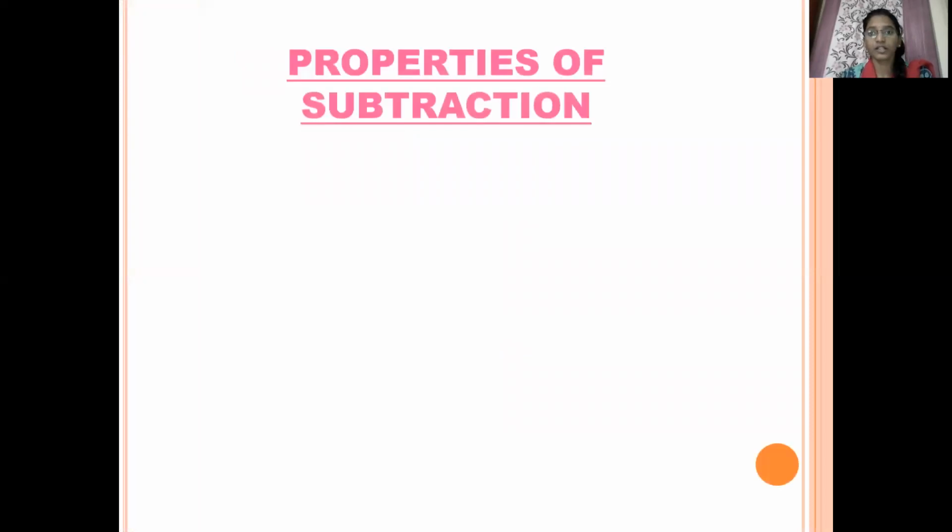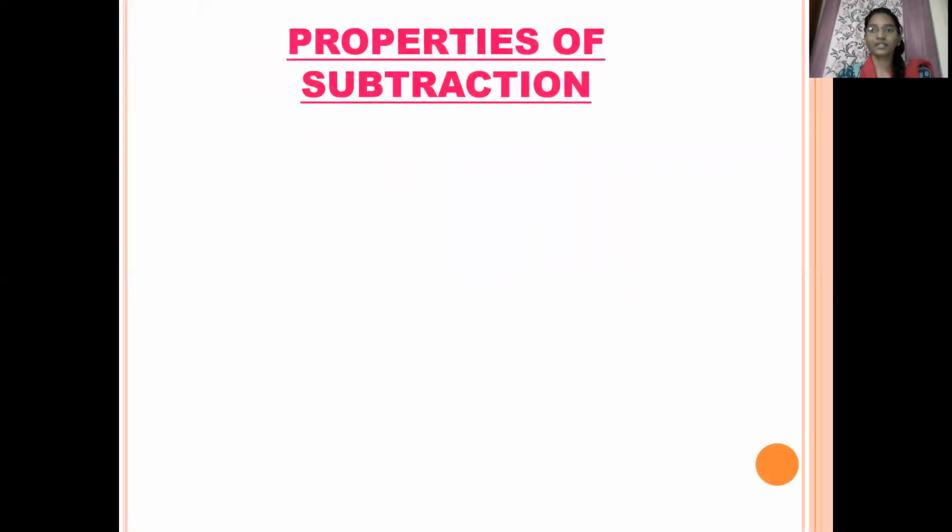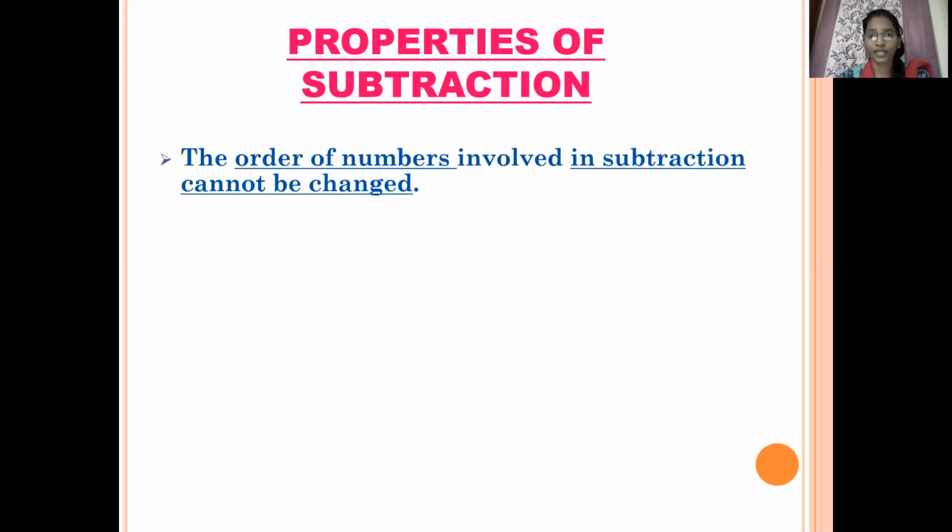Yes. So let's get started with properties of subtraction. Like addition, we were dealing with addition of large numbers, in which you have learned three properties of addition. The first one is zero property, second one is order property, and the third one is grouping property, isn't it? Now let's see the properties of subtraction.